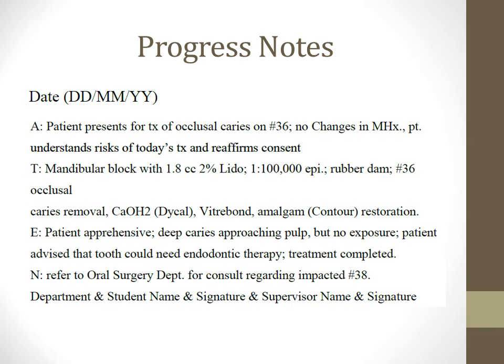What was the patient behavior, how were the caries, how was the cavity preparation, was there any need for endodontic therapy, and also for the next visit what to do or what the patient expects from the first visit.